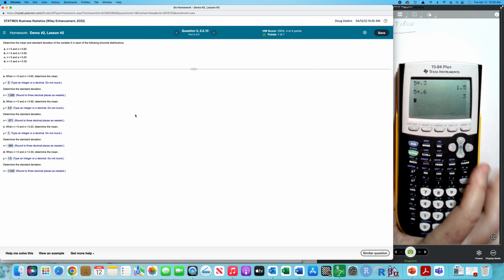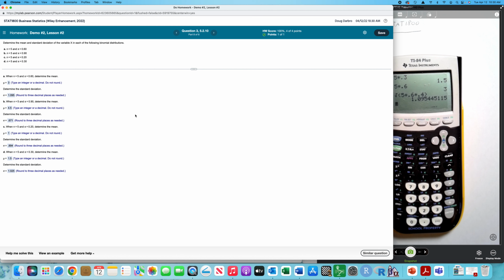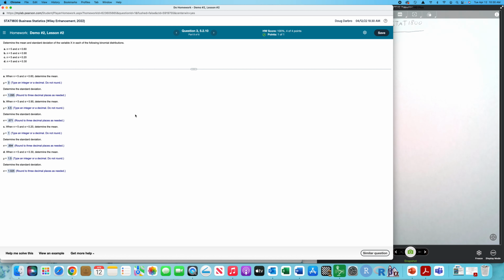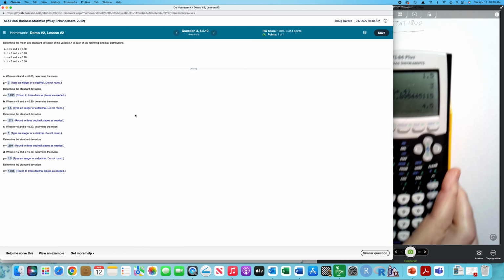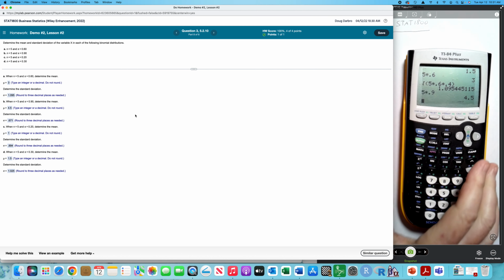And you can see that the mean is equal to 3. The standard deviation here will be the square root of 5 times 0.6 times 1 minus 0.6, which we know is 0.4. So the standard deviation is 0.095. For B, we have n equal 5, pi equal 0.9. So it should be no surprise that the mean is equal to 4.5.